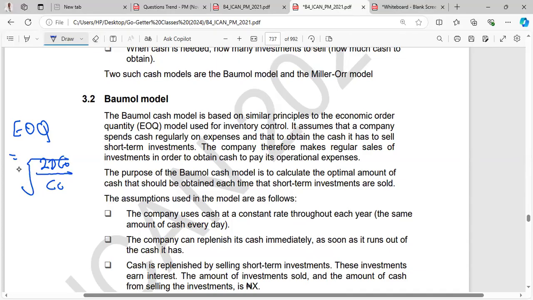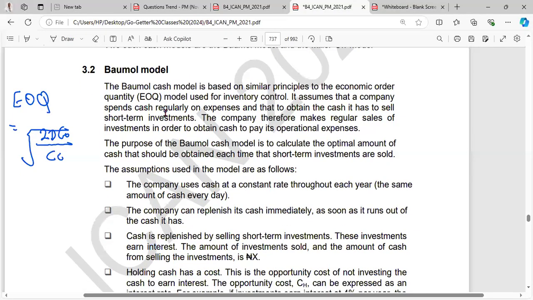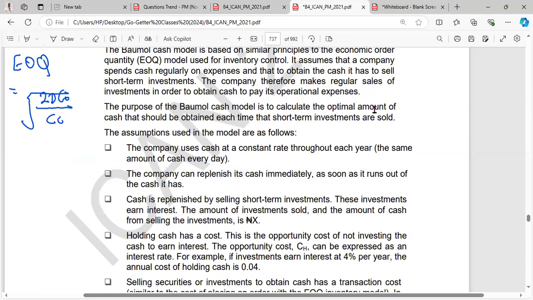So this is your EOQ model. So we are going to adjust it for the Baumol model. The purpose of the Baumol model is to calculate the optimal amount of cash that should be obtained each time short-term investments are sold.